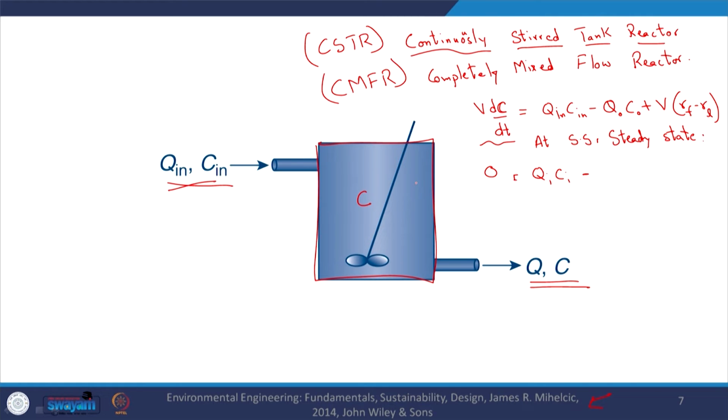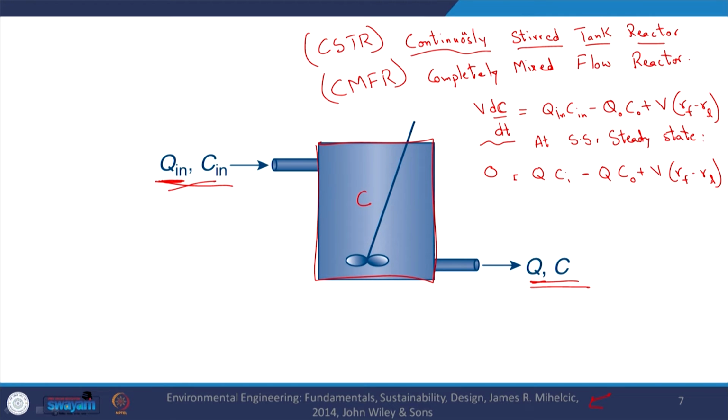That will be the case only when Qin and Qout are the same. So, rather than writing Qin and so on from now, I will just use the term Q. The flow coming in will be equal to the flow going out, and concentration coming in minus Q into concentration going out plus volume into rate of formation minus rate of loss.